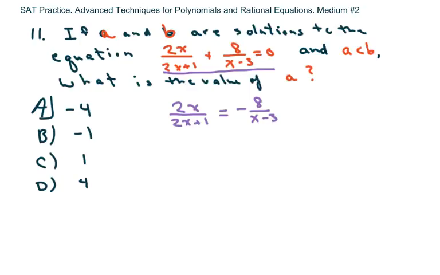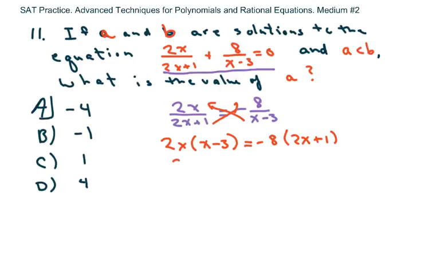Now I'm going to cross multiply, this up here and this up there. So we get 2x times x minus 3 equals negative 8 times 2x plus 1.